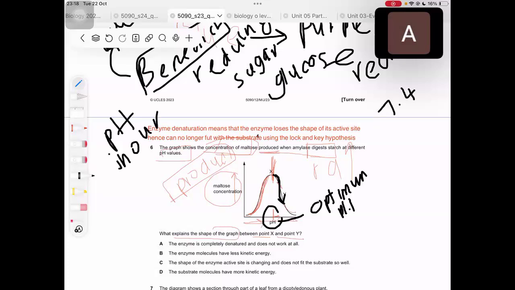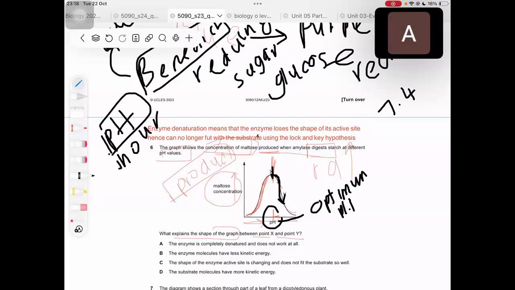If the pH changes, then it would be detrimental for us, right? Likewise, we need to maintain our pH because too much acidity and too much basicity can affect a lot of reactions, right? So you can see, when pH was increased beyond this X value, the maltose concentration decreases.